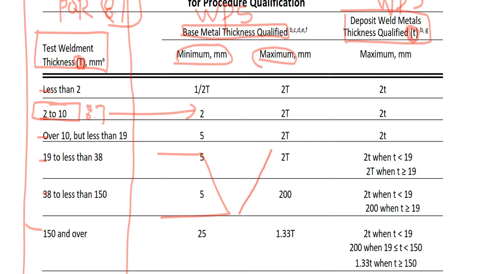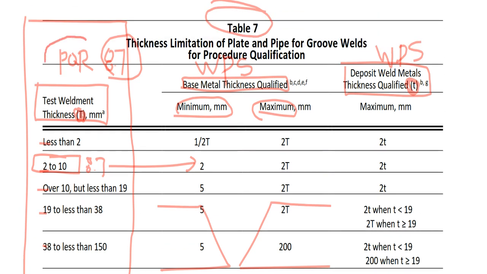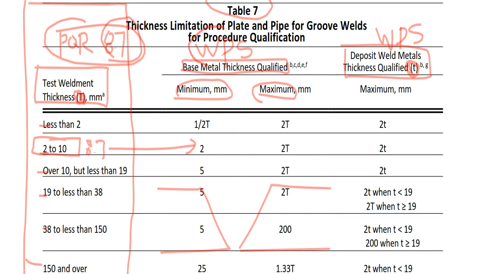If you have a PQR of 8.7 millimeter, if you did the qualification test with 8.7 millimeter thickness of the base metal, then in the WPS and actual production welding, the base metal qualification is minimum 2 millimeter to maximum 2T.